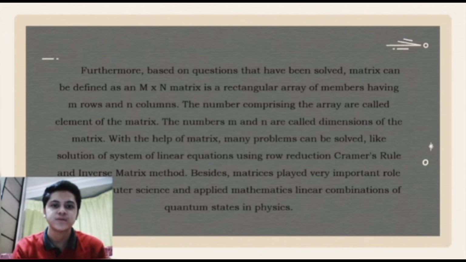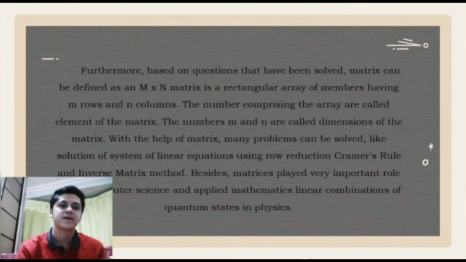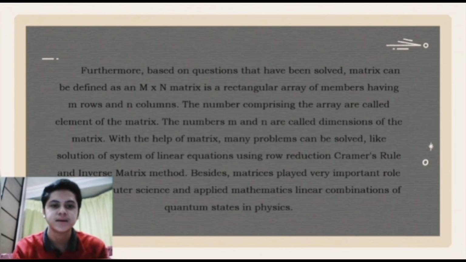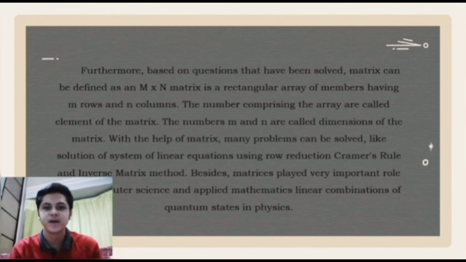Furthermore, based on the questions that have been solved, a matrix can be defined as M multiplied by N. A matrix is a rectangular array of numbers having m rows and n columns. The numbers comprising the array are called elements of the matrix. The numbers m and n are called the dimensions of the matrix.